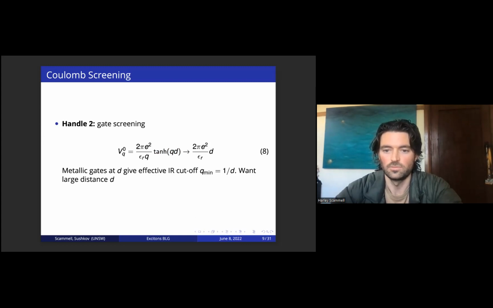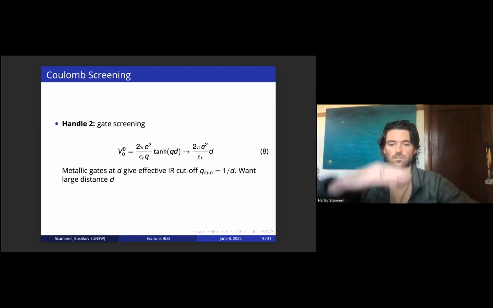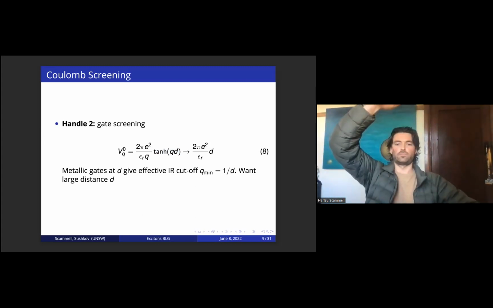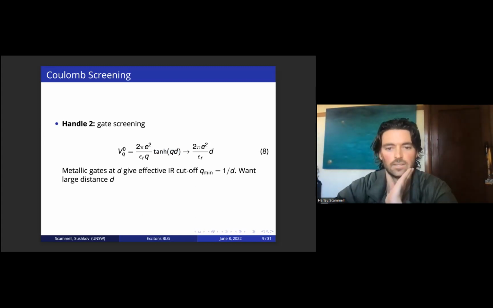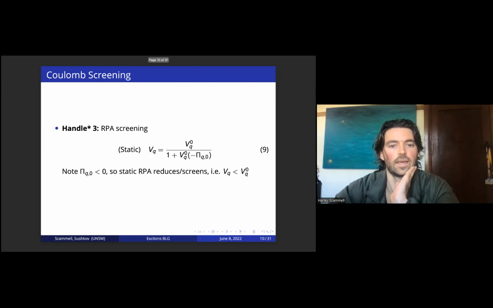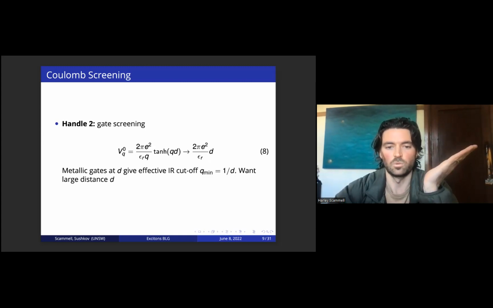There's some infrared cutoff effectively given by 1 over d. So you can see from equation 8, what you want is a large distance, the gates well separated from the bilayer graphene plane. But how far is necessary? We'll see this by calculation. And by the way, gates are unavoidable because we want to apply a bias field, so we need gates.